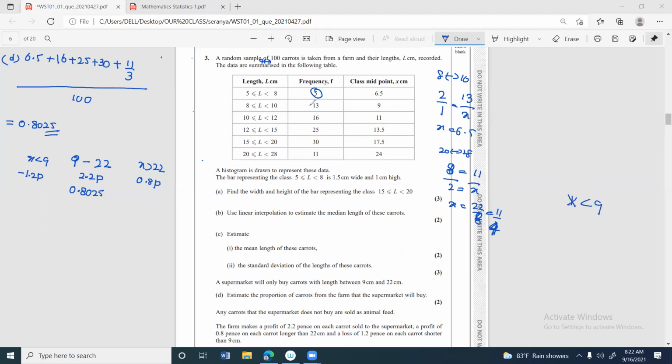I'll do it here. 5 to 8 there are 5 carrots, plus we need to see how many carrots are there from 8 to 9. Half of this, the rest of the proportion, turns up to 6.5. So out of 100 it's 11.5 divided by 100 is 0.115. So this proportion is 0.115 and the rest of it comes over here.